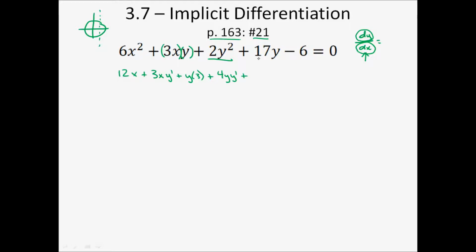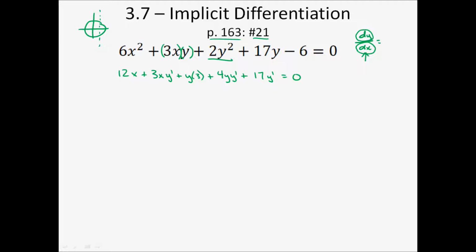Then the derivative of 17y is not just 17, it's 17y prime. The derivative of 6 is 0, and the derivative of 0 is 0. So there's our first step, and that's really the hard part of implicit differentiation. You have to remember that when you take the derivative of y's, they're actually y primes, plus there's this really tricky term in here that has some product rule.